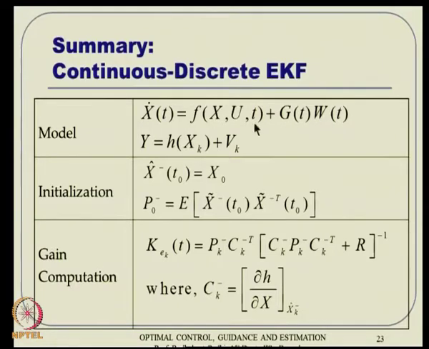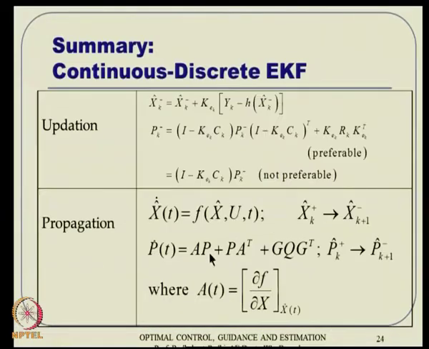This is continuous time, but this is discrete time. So we initialize both the state and covariance matrix. Then we compute the gain. Wherever there is a measurement coming, at that point of time it will operate. We quickly compute the gain, use it for the update and update the covariance matrix also, and then go back to the dynamics in continuous time that we know and propagate it.